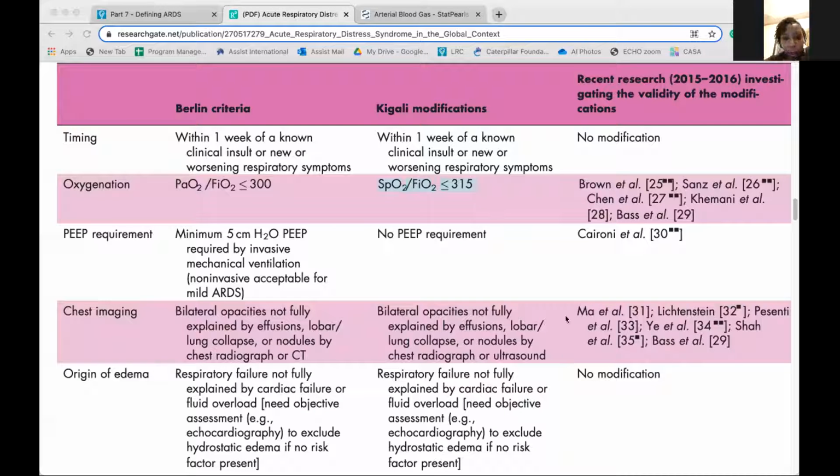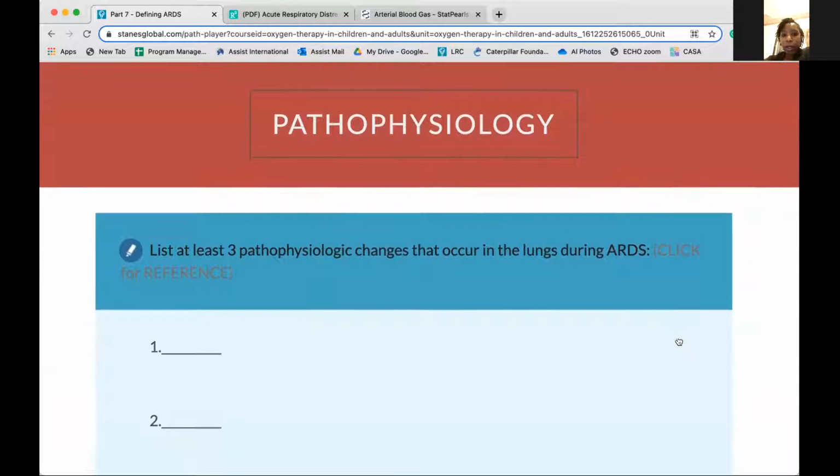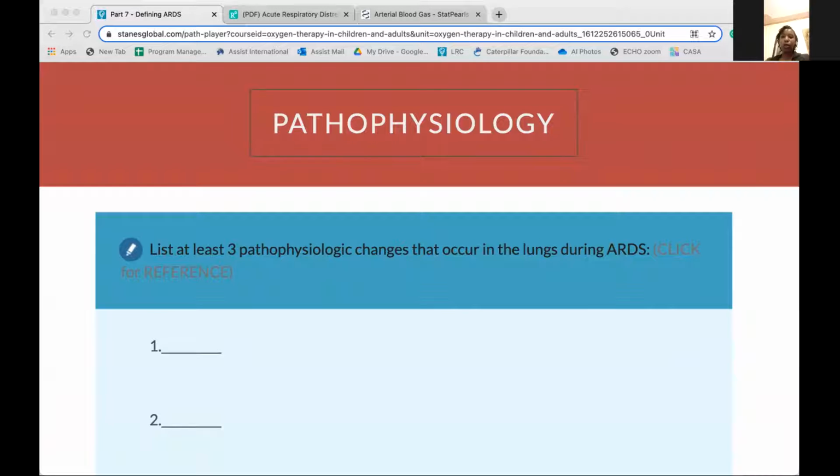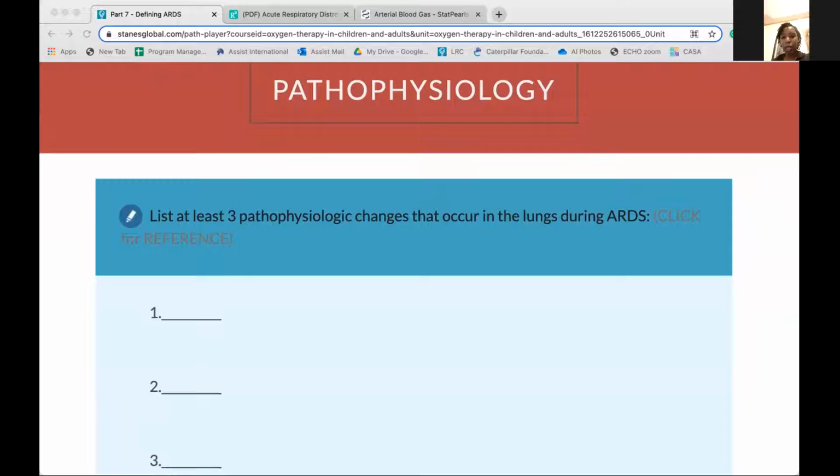So we can go back to the slides. I'll take you through this part also, the pathophysiology. In ARDS, we're saying it's an acute respiratory distress syndrome. So it is a syndrome. You will get respiratory distress. In essence, when you do histopathology, they have shown that there are very early changes that occur.